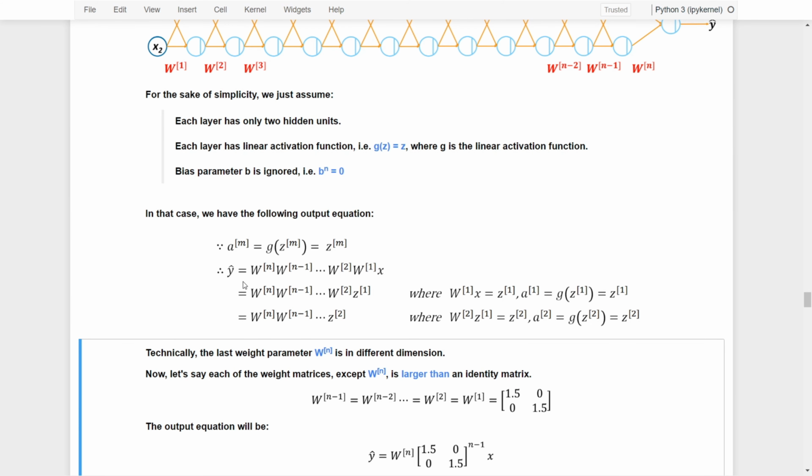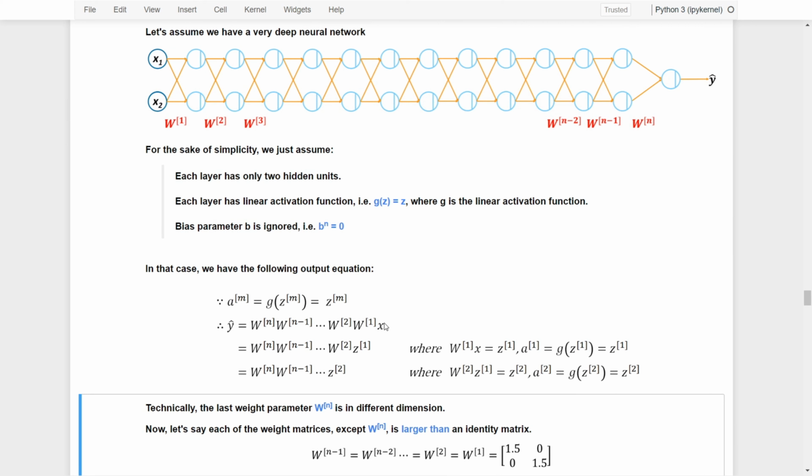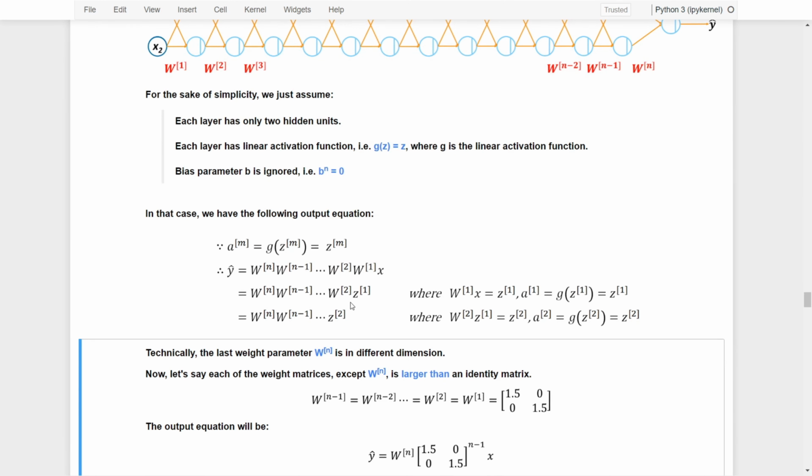So let's take a look at this example. Say we have an input x that is shown here, and then after going through W1, W2, W3, and so on, until the last one, Wn, it will give you the output y. And here we can actually convert W1x into a Z1, because W1x is equal to Z1, and then this Z1 is actually the input for the next layer.